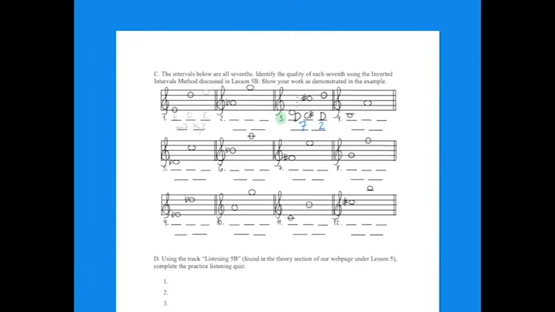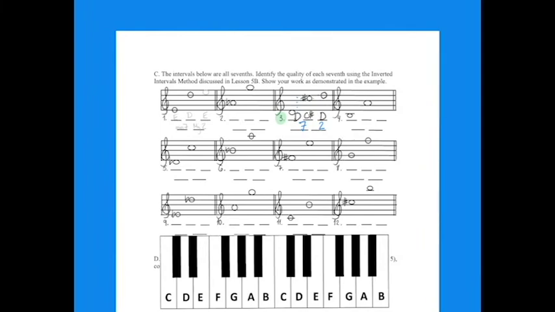So then, instead of trying to find the quality of this first interval, let's take the easy route and find the quality of the second interval. So our inverted interval is C sharp to D, and we'll count our half steps, just 1, and we know that 1 half step is a minor second.